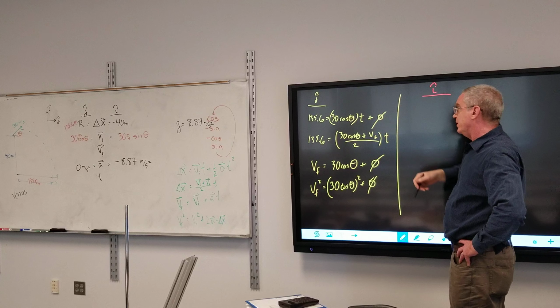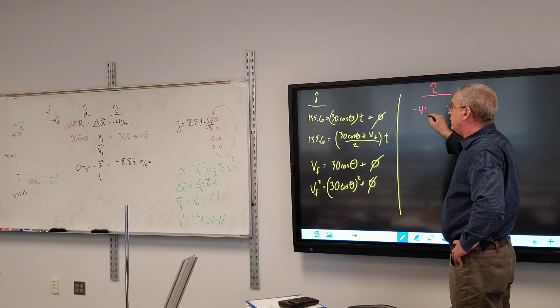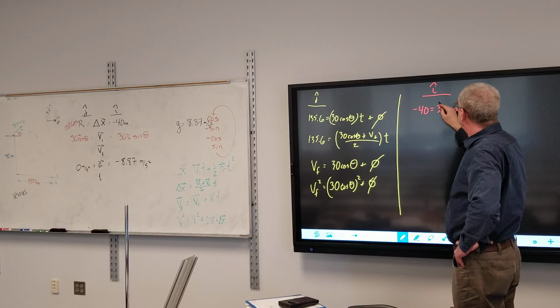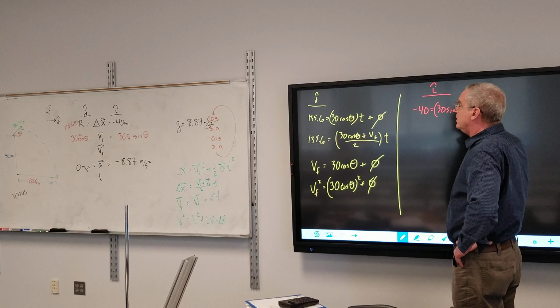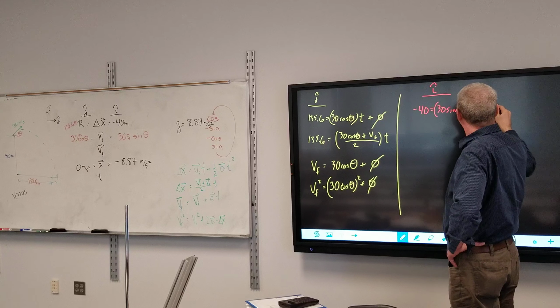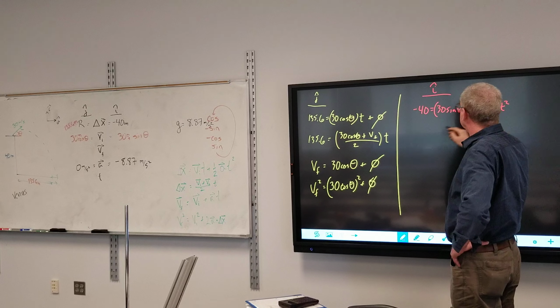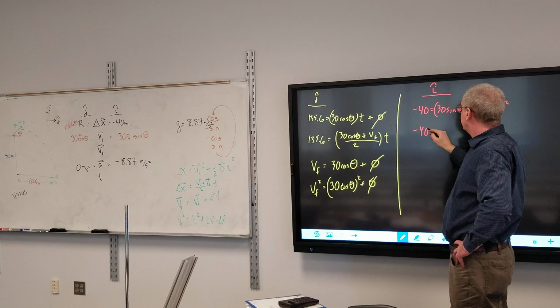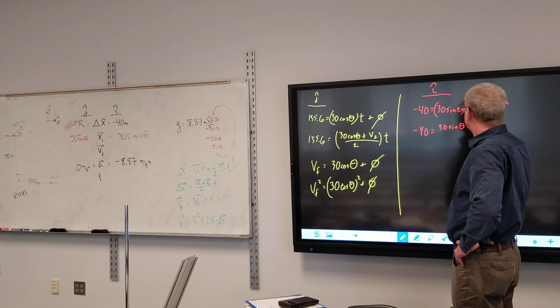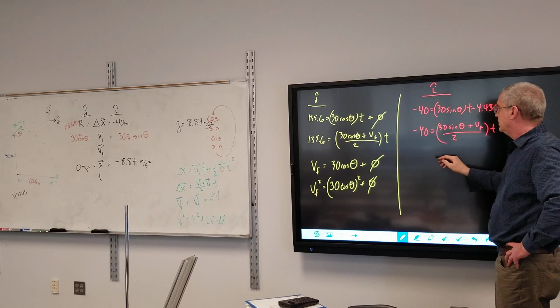Let's plug the vertical in. I got negative 40 equals 30 sine theta t minus 4.435 t squared. Negative 40 is equal to 30 sine theta plus v final divided by 2 times time.